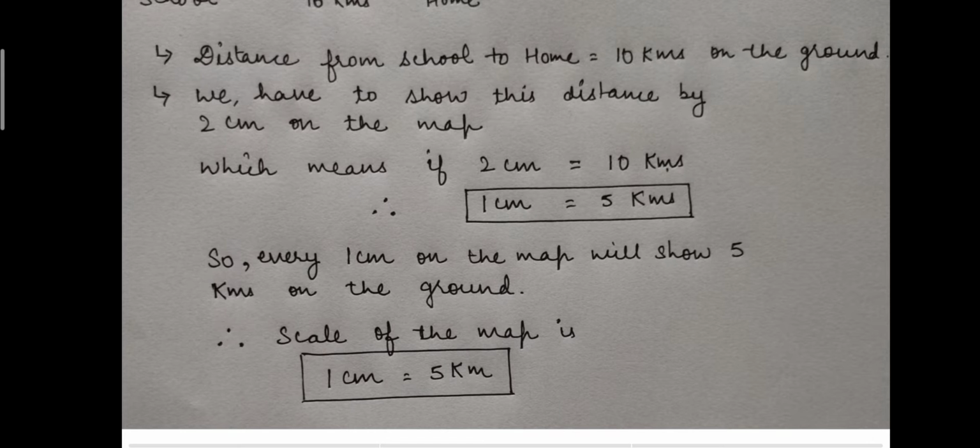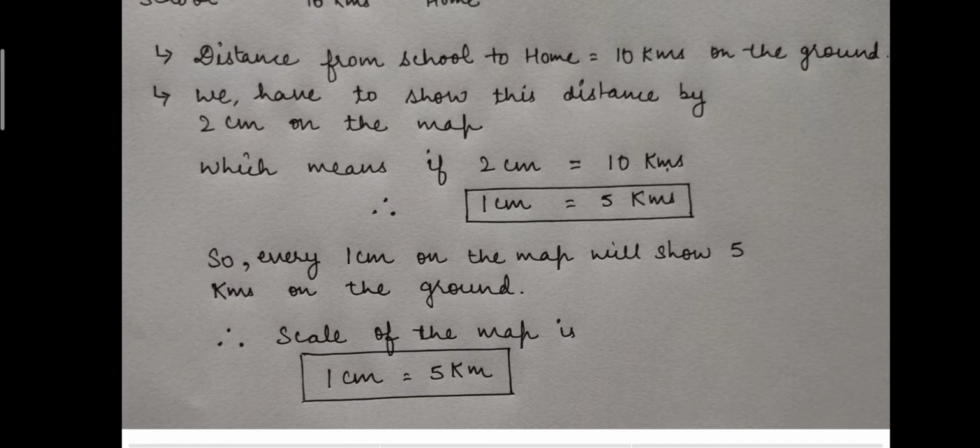The scale of the map keeps on changing, and the scale of the map is given at the very corner on the right hand side, or sometimes on the left hand side corner. The scale of every map is given. If you have an atlas at your home, open it and see, you will find a scale which is written.